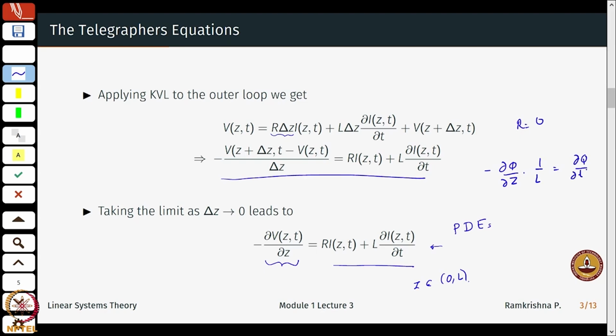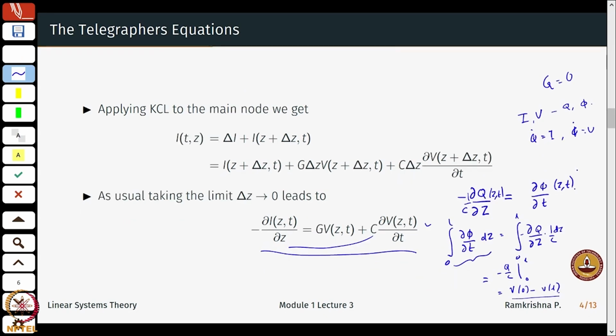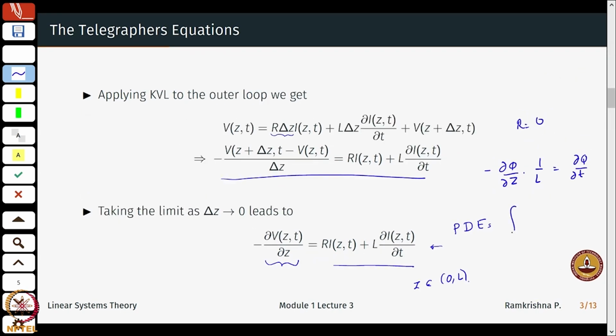And similarly to what I had here, I can derive the conservation law. So, if I integrate from 0 to L, dq by dt, dz is from 0 to L. So, the increase or decrease of charge in the spatial domain will just be what is being exchanged through the boundary.